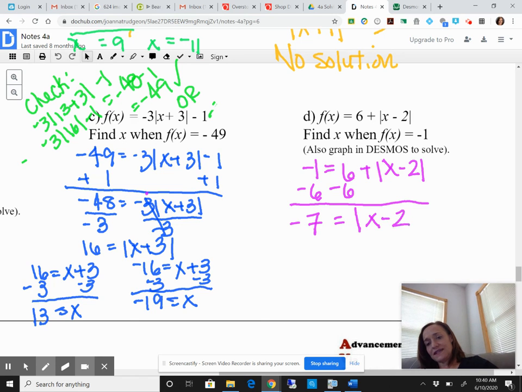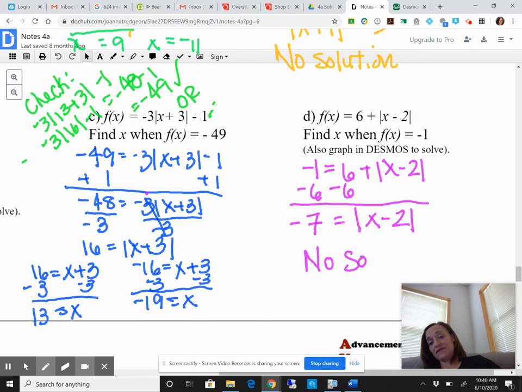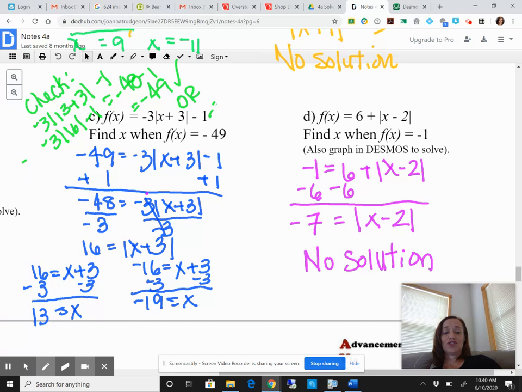So I isolated the absolute value. And then step 2 says, determine if the absolute value could really give you the answer. Could your absolute value ever give you negative 7? The answer is no. You can't have an absolute value deliver you a negative number. So once you isolate the absolute value, look at the number on the other side of the equation. If it's negative, then it's not possible. So this is no solution.